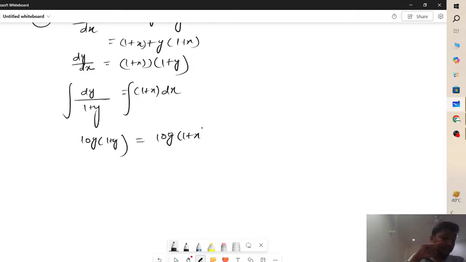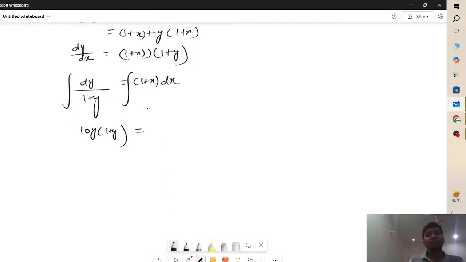Sorry, this is not log of 1 plus x. This is x square by 2. तो इसको हम ऐसे लिख सकते हैं, x plus x square by 2 plus c, and c is our integrating constant.